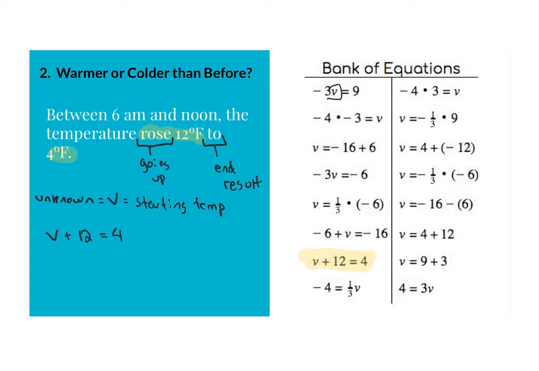Let's look through here and see what other situations represent a temperature that when it gets 12 degrees warmer becomes 4. My clue here is that my equation needs to have an unknown, a positive 4, and something in there representing a change of 12. So let's look through here.